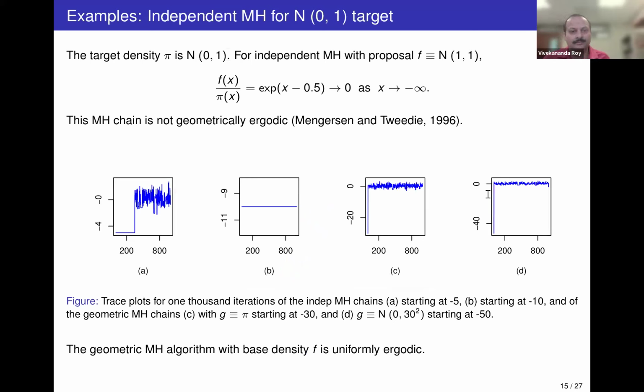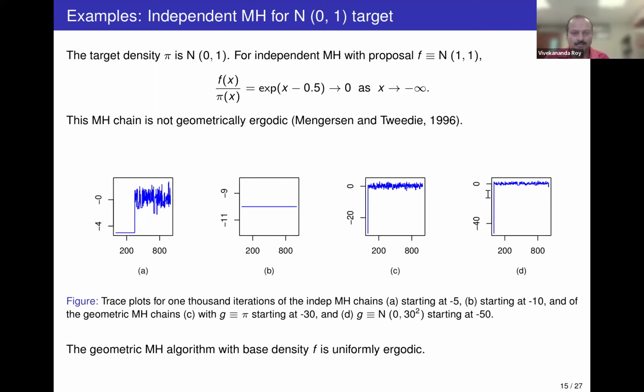So here are some trace plots. I ran this independent Metropolis chain for 1000 iterations, starting at -5, that is my left plot. Then starting at -10, that is my second plot from the left.